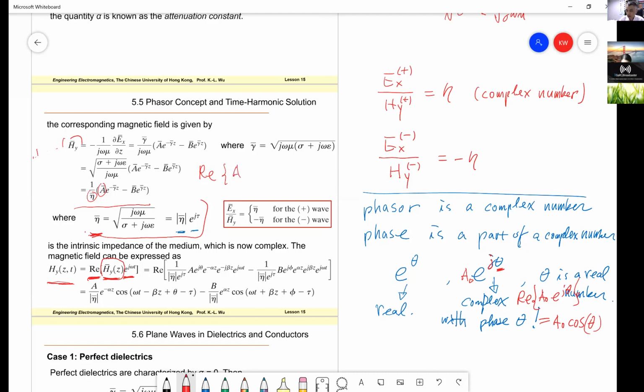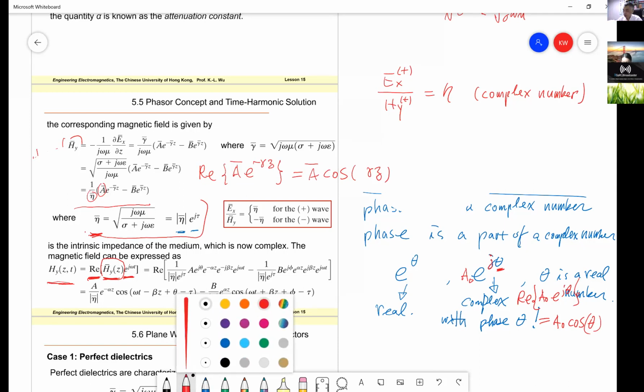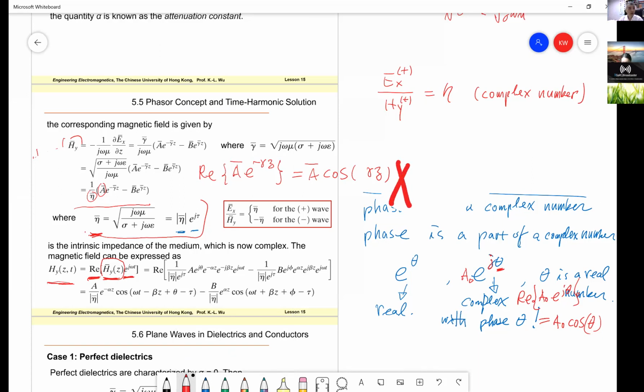Say A is a phasor, and then you take the e to the gamma z and treat it as a cosine. This is completely wrong.